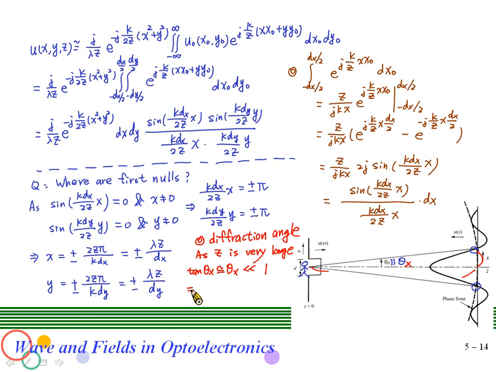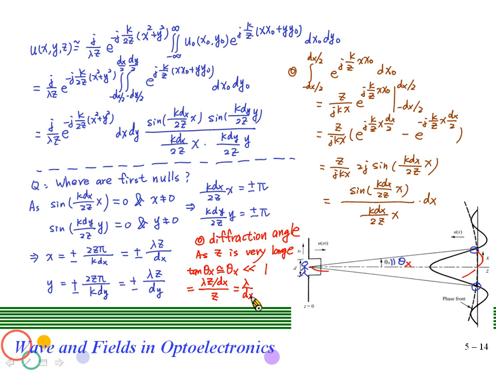So we know that theta x will be approximately lambda z over d sub x divided by z, which can be written as lambda over d sub x.